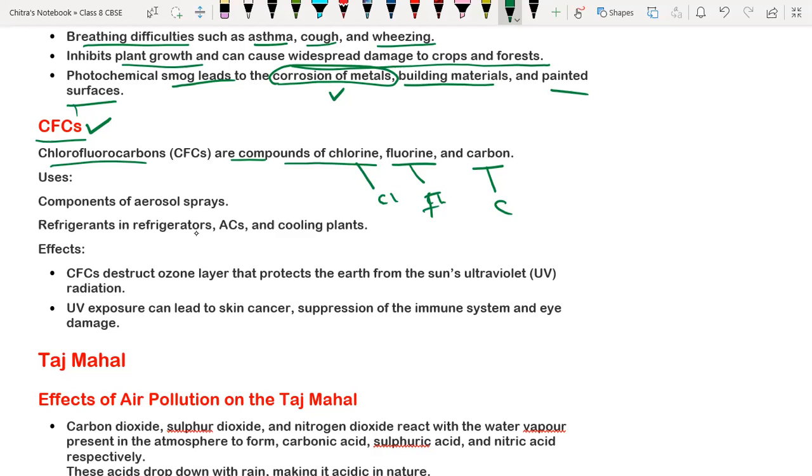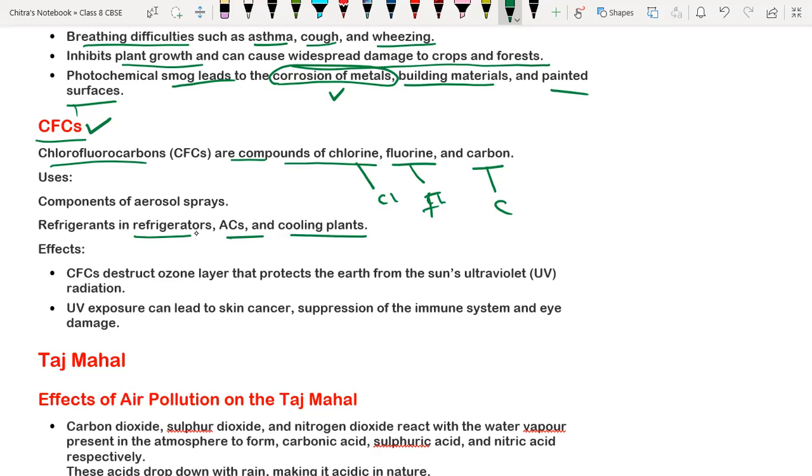Chlorofluorocarbons are generally used in ACs and cooling plants, that means in refrigeration. When chlorofluorocarbon comes in contact with the atmospheric ozone layer, it depletes the ozone into oxygen. Hence, chlorofluorocarbon depletes the ozone layer of our atmosphere.